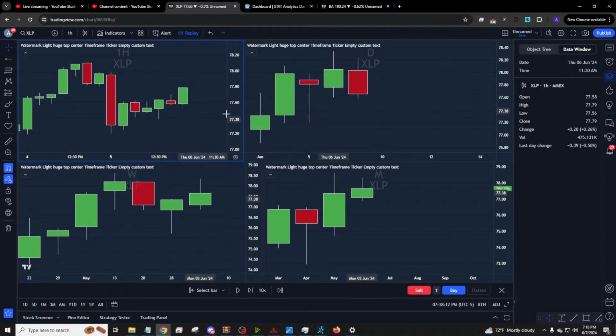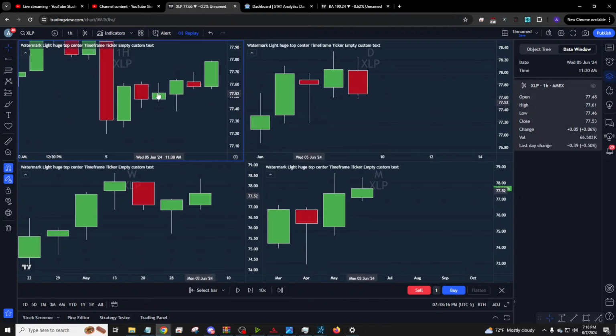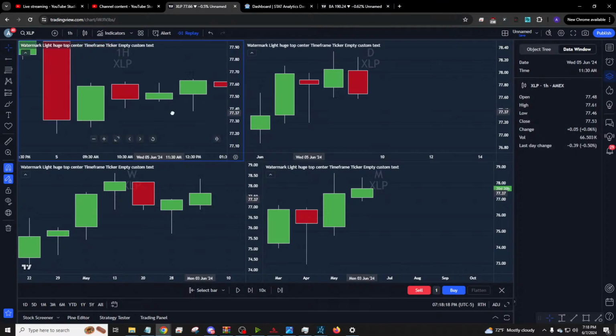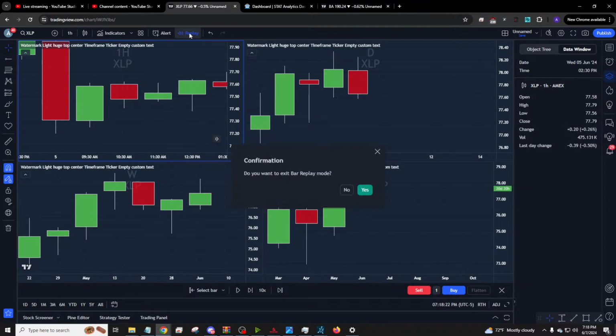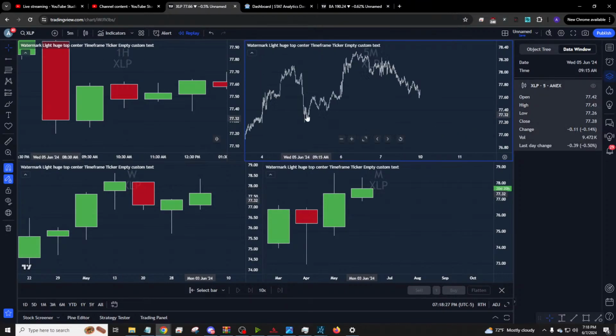Yeah, I guess for example, this one, I don't know, it's kind of a hammer. Let's see, this shooter here. This shooter forms, and then we can drop even lower time frames here and see what's happening when that forms.